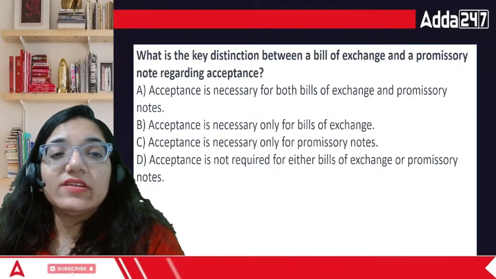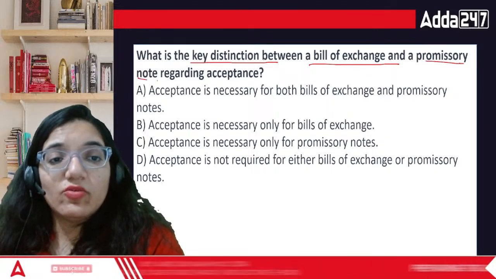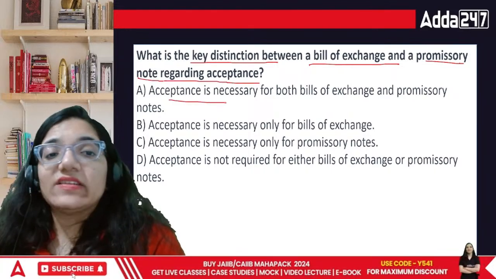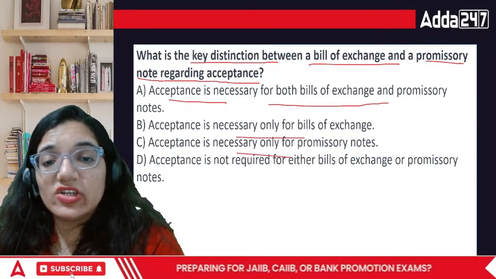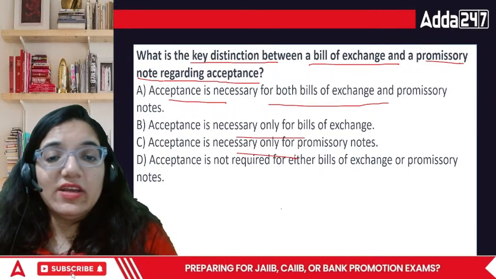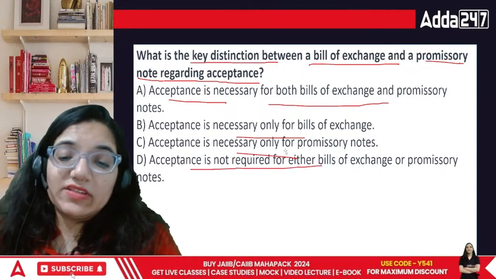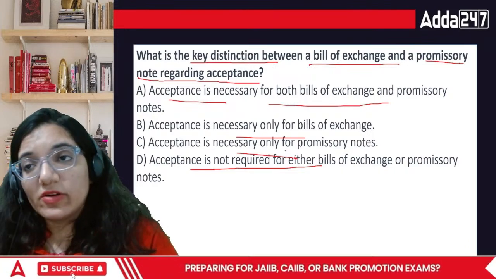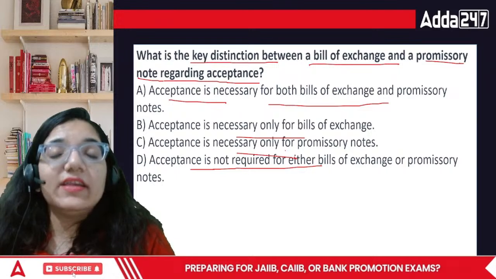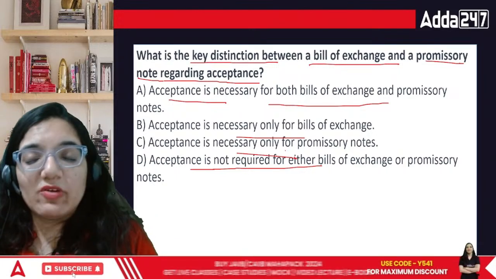Okay? What is the key distinction between the bill of exchange and promissory note regarding acceptance? Acceptance is necessary in both; acceptance is necessary only for bills of exchange; necessary only for promissory notes; or acceptance is not required. Acceptance means the particular person to whom it is given has to agree: yes, I am supposed to pay you this much amount of money after this much amount of time.